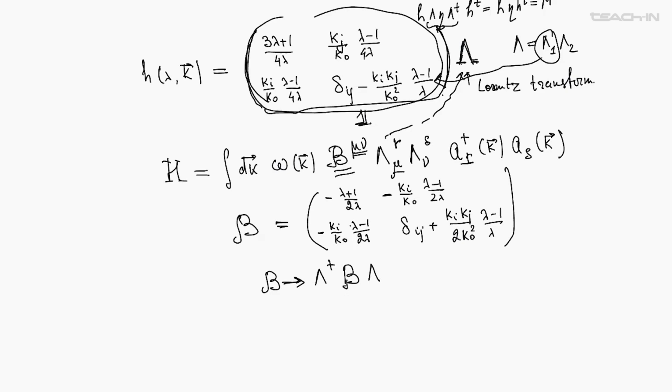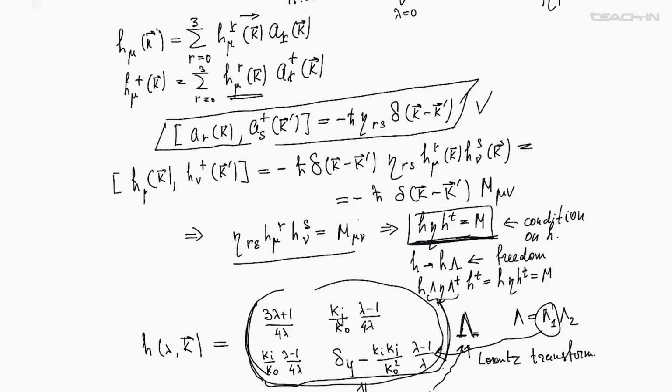Or you can think that these lambdas rotate A dagger and A. And this rotation by the Lorentz group is a canonical transformation. In any case, this lambda is a freedom, and if we would like to rewrite the Hamiltonian in terms of A dagger and A, which have a Lorentz covariant commutation relation, like here, then this is how the Hamiltonian will look.